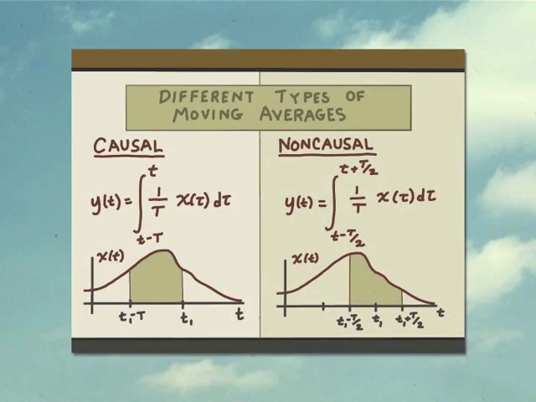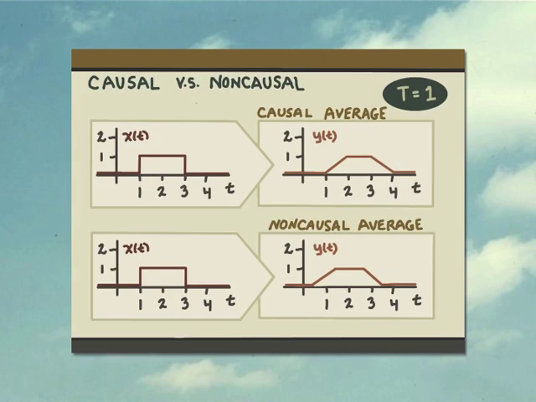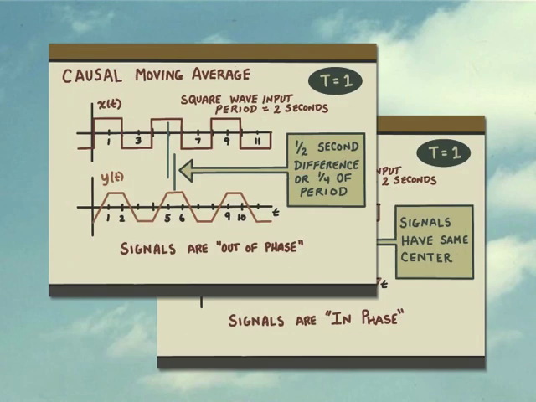As I mentioned previously, you encountered causal and non-causal systems before, back when we discussed the different types of moving averages. And if you remember, you saw that the causal system would not respond until after the input, while the non-causal system could respond before the input. This meant that the output of the causal system to a periodic signal had to lag behind the input signal.